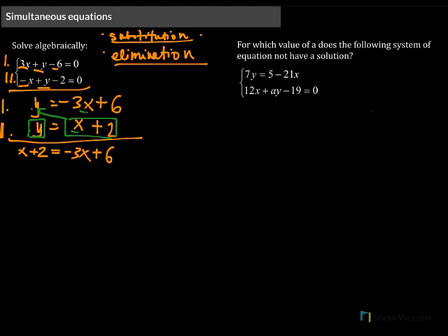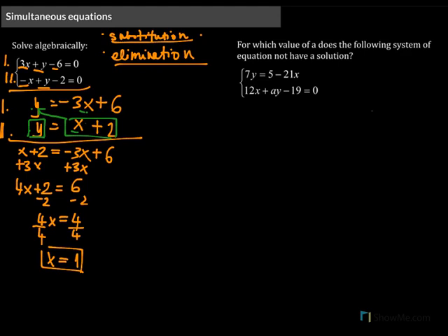And now I have only one variable, x, so it's a simple linear equation. I add 3x to both sides of the equation: 4x plus 2 is equal to 6, and I subtract 2. So 4x is equal to 4. Now I divide by 4, so x is equal to 1.